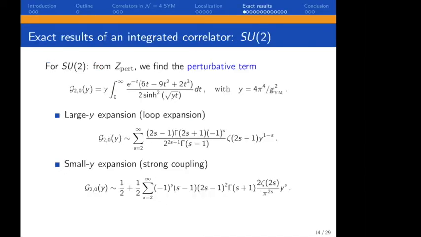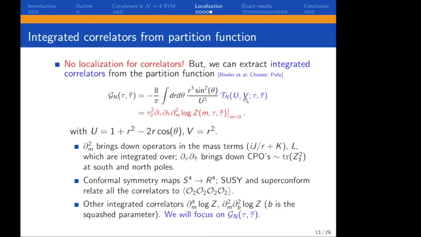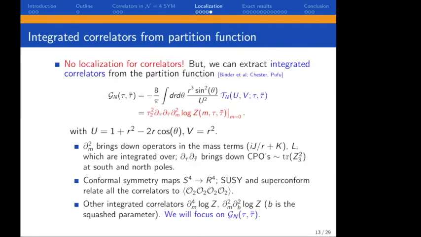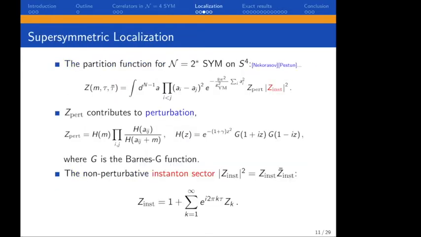So let me say the results for this particular one. So first of all, the perturbative term for SU(2) is more or less straightforward to compute. Sorry, let me just come back slightly. Well, basically, you take this definition for the perturbative term.